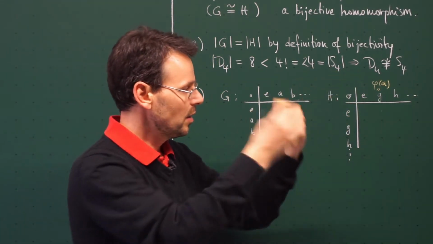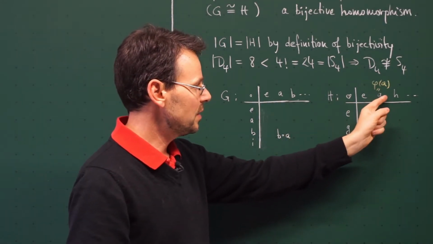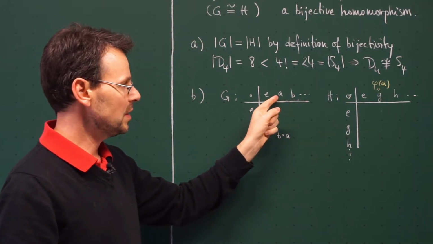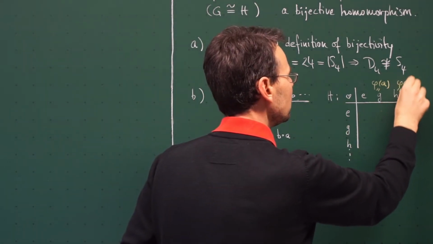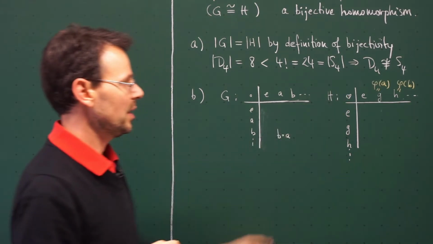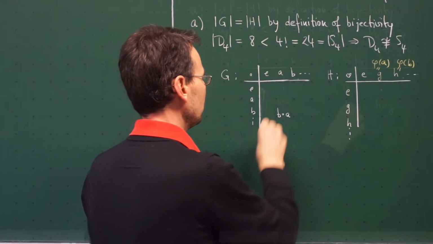So I, if necessary, reorder the elements such that this element here is the image of this element under phi, and this here is the image of this element under phi. Then, what do I get here?